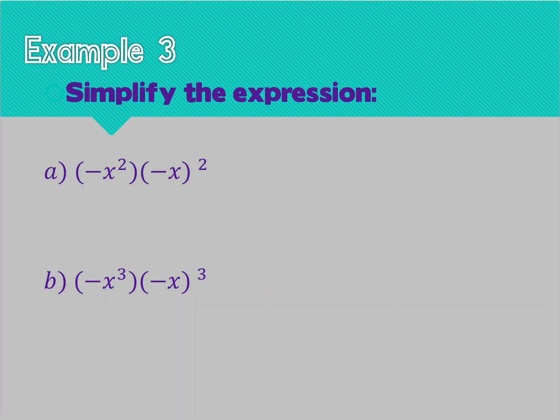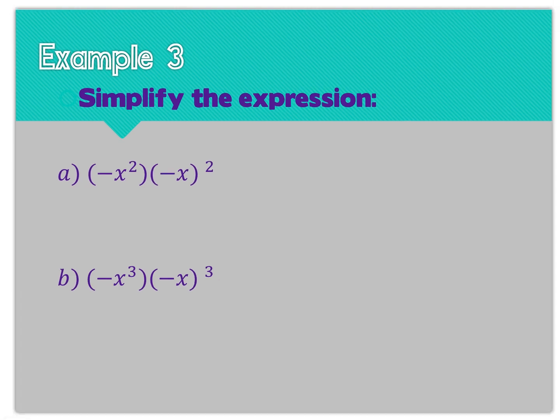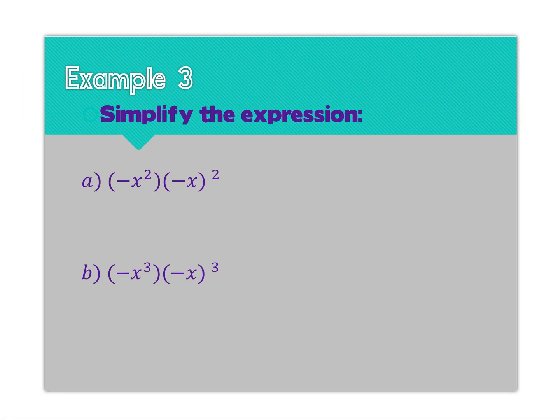In this slide, they're throwing us off a little bit because they're introducing an idea that they didn't really show us in the other ones. When you look at A, you see that you have minus x squared in parentheses. And then in the second one, you have minus x, and then you have the squared on the outside. That's a really important fact that we need to differentiate here, and we need to identify the differences. What happens is the exponent always applies to what is immediately to its left.